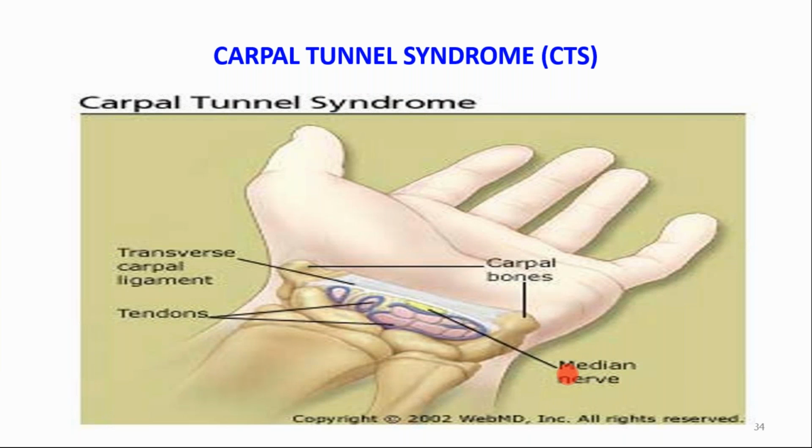If there is pressure on this median nerve, then obviously it affects these tendons, the transverse carpal ligament, and the carpal bones. That gives you signals of pain in the wrist part of the hand, and that is called CTS.